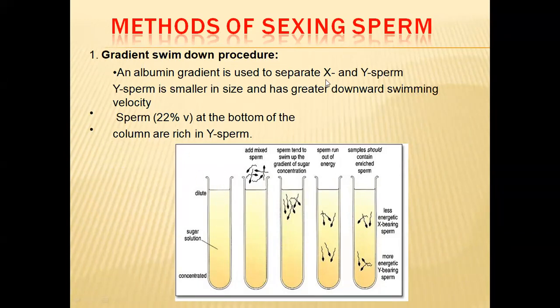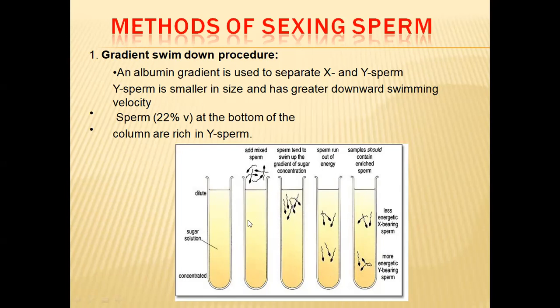Usually Y sperms are smaller in size than X sperms. While these sperms move into this sugar solution, why? Because they require energy. To survive, these sperms require energy, and energy is usually provided to all cells by sugars, so they will go for sugars.